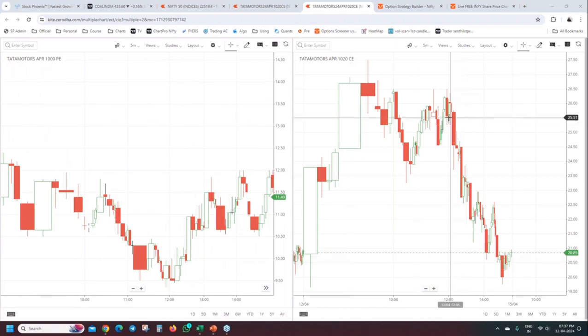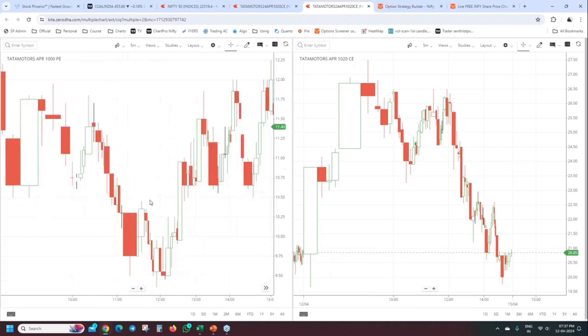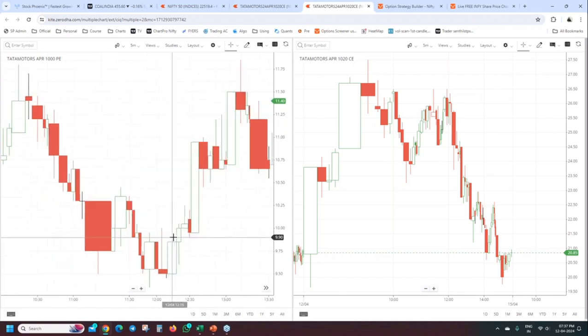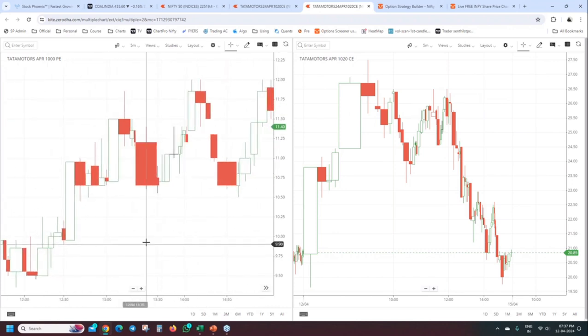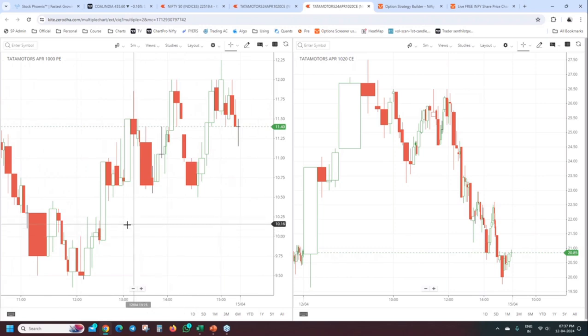The stock started falling from, let's see the time, give me a minute, around 12 o'clock. When Nifty started falling, the stock also started falling. At 12 o'clock, you can see. But it came down because of the market. Market crashed, so the stock also crashed.